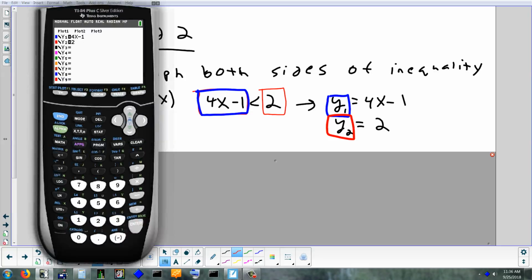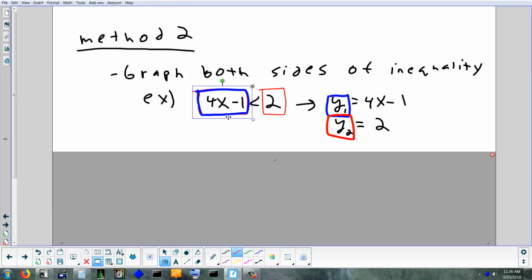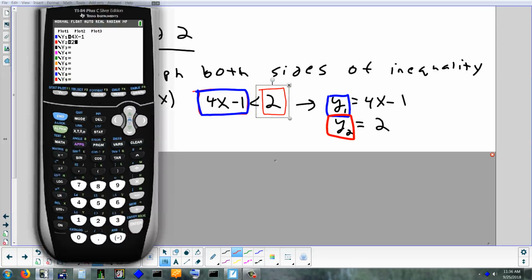Okay, so now what we're looking for is where the blue graph is less than the red graph, if you want to think about it in terms of the colors. Where is 4x minus 1 under the red graph? So here's your blue graph, here's my red graph. And I want to know where the blue graph is under the red graph.